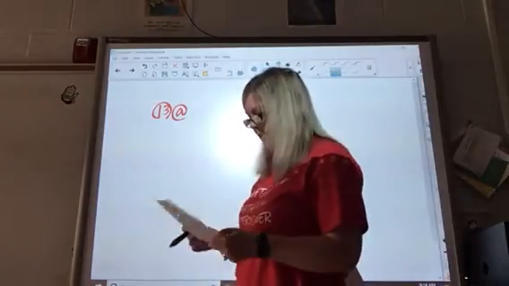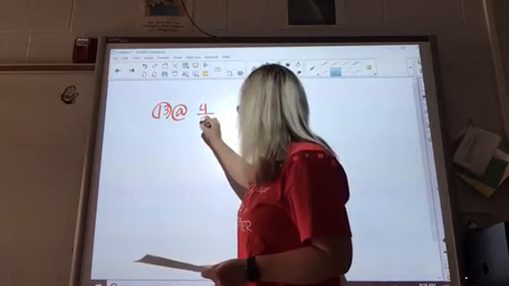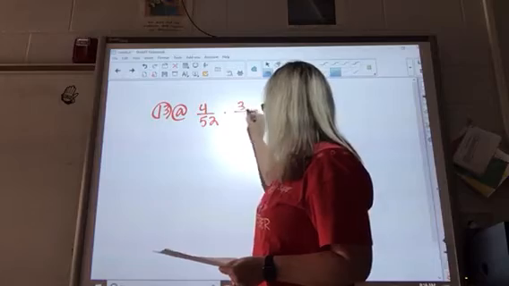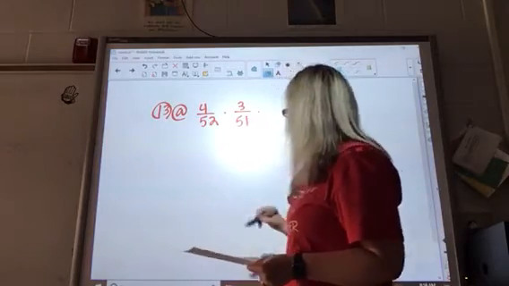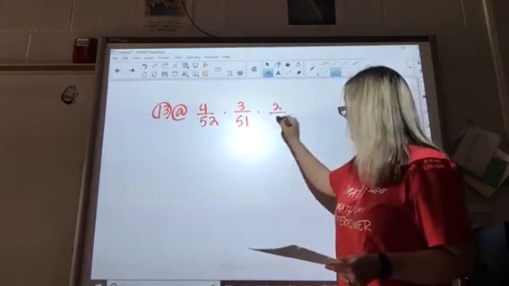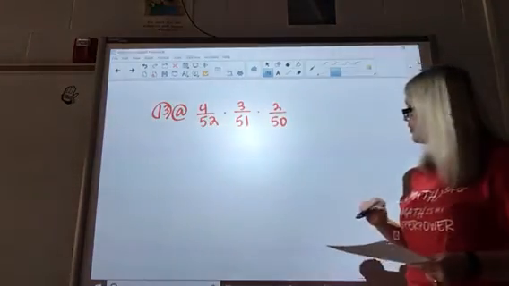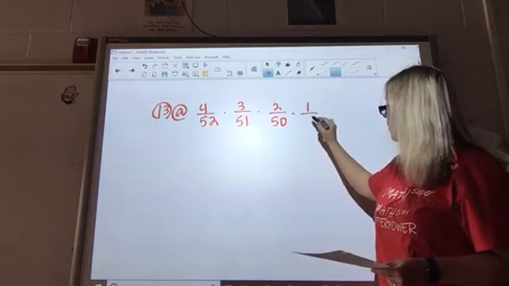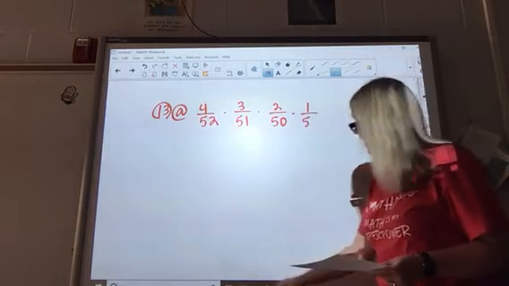A, all are kings. There's 4 kings. I don't put that card back, so there's 3 kings out of 51 cards. I don't put that back, so there's 2 out of 50. And then one more draw, so there's 1 king out of 49.